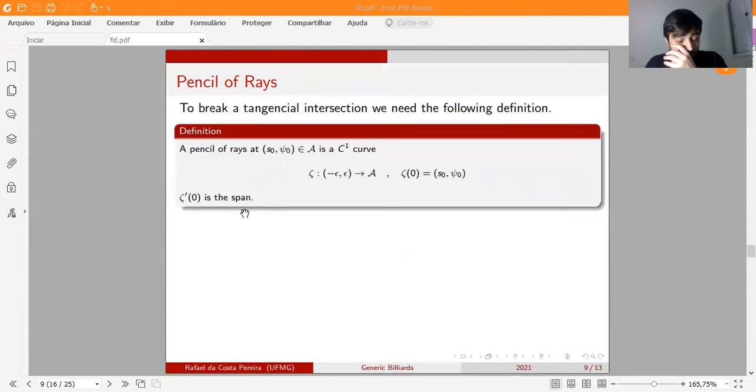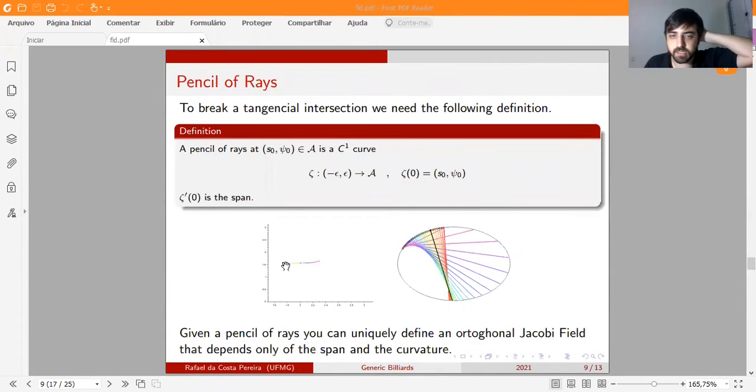And with this, together with the notion of a path in phase space, that is just a curve in your phase space, this will give you a geodesic variation, and you induce a Jacobi field.